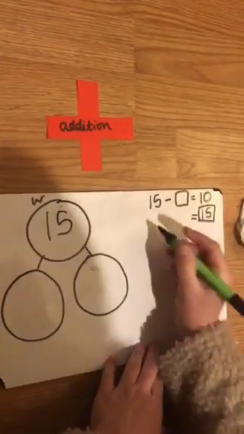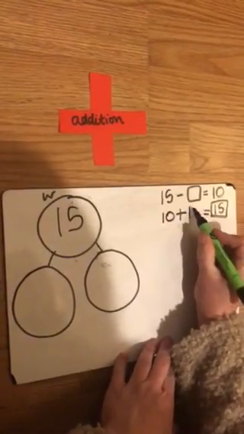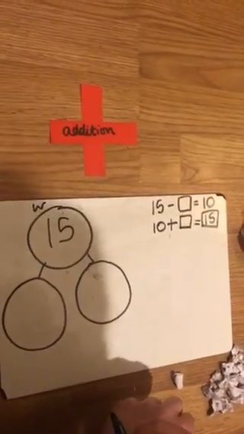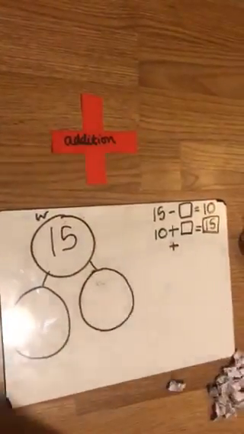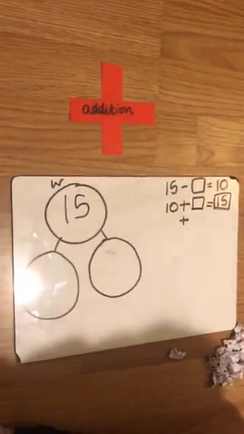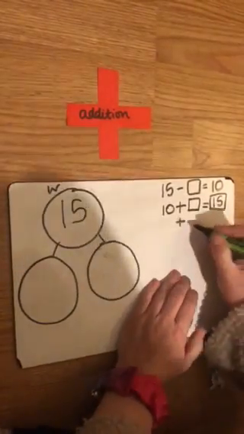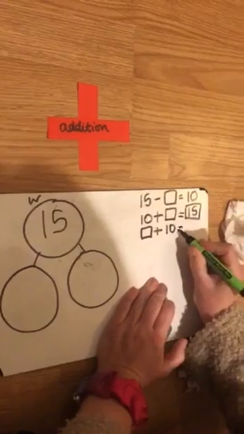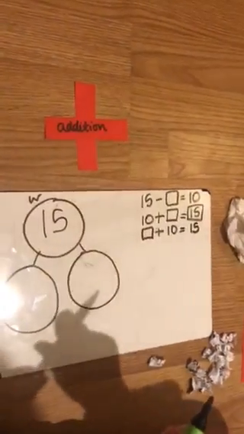So that means that we're going to have 10 add something equals 15, okay? And when we add, we know that the numbers can be switched round because they give us the same number, okay? So we know that we can put 10 here, and we don't know what this number is, but it's still going to give us the number 15 because that is our whole number.